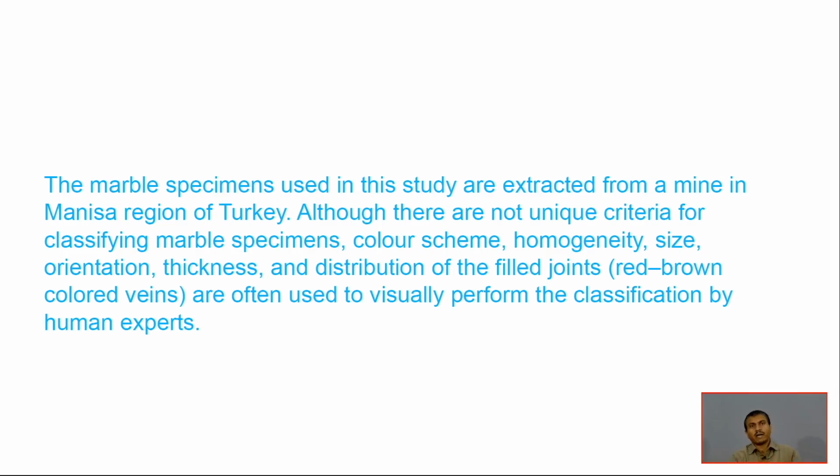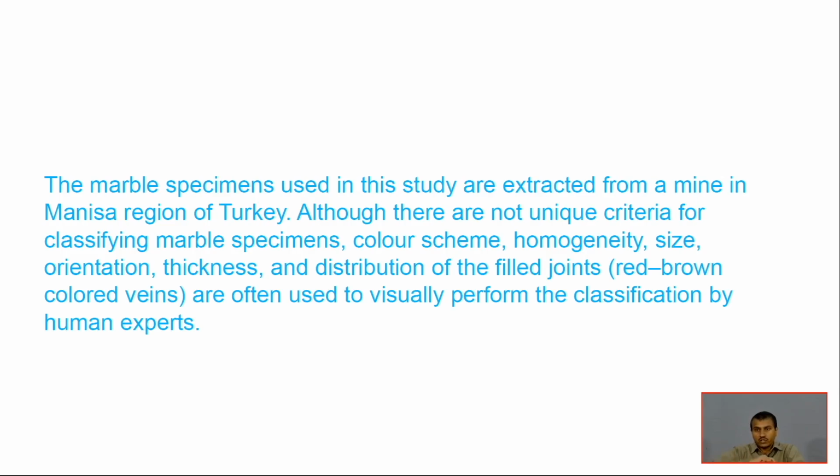Based on different mine marble characteristics, we have to set up this experiment and the whole setup, because the color scheme and heterogeneity scheme are different at different mine sites throughout the globe. So, this is a case-specific system that was fabricated, and here marble is classified using the color scheme, homogeneity scheme, size, orientation, thickness and distribution of the field joints.